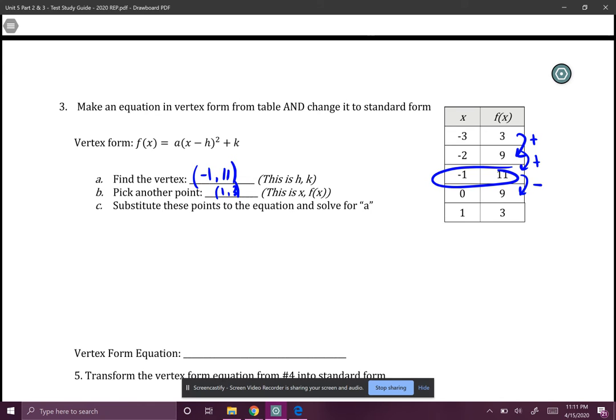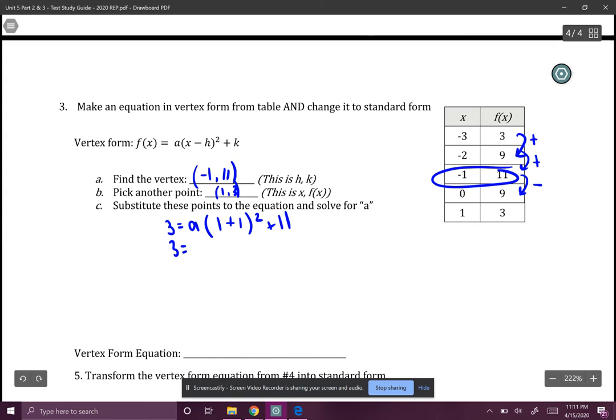Let's substitute these points in and solve for a. Our f of x is 3. So we have 3 equals a, which we don't know, times (1 minus h), so we're subtracting a -1, so I'm going to just change that to +1, squared, plus k, and our k value is the 11.